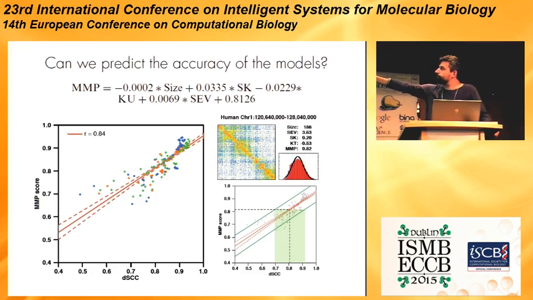Very nice correlation, 0.84. So now, if I take actual data from the human Hi-C map, in this case from our own group, François Ledilly did this work. So chromosome 1, this is about 8 megabases, a few TADs here, 1, 2, 3, 4 TADs.